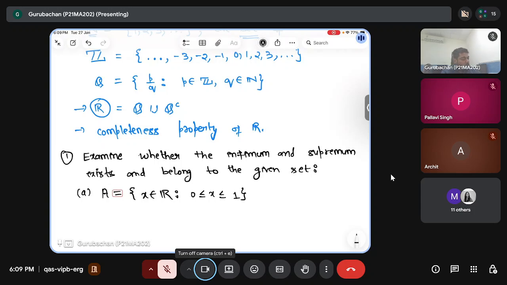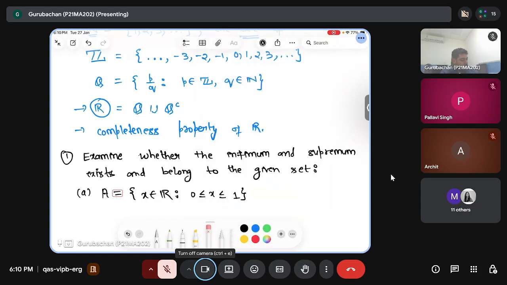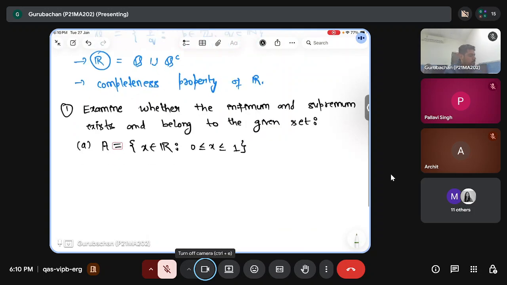So before going to this solution, let us first recall what infimum and supremum are. Although it has already been done in the class, let me just quickly recall. Definition.